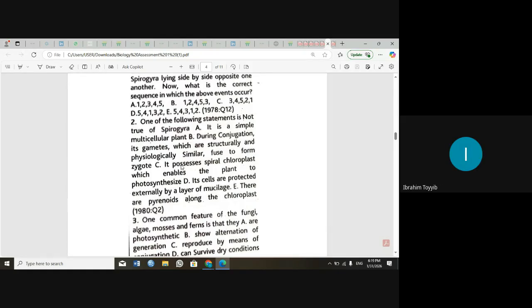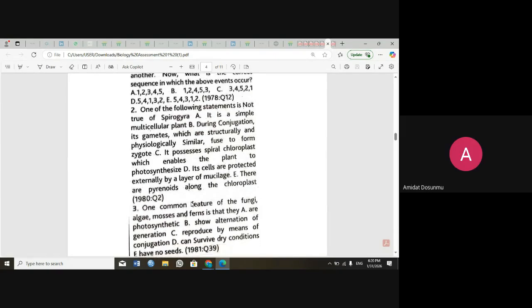Although the filaments are structurally similar, the one whose gametes move is physiologically male and the other one is functionally female. So that's why option B is not correct. They are protected by an external layer of mucilage. Add that to your knowledge.